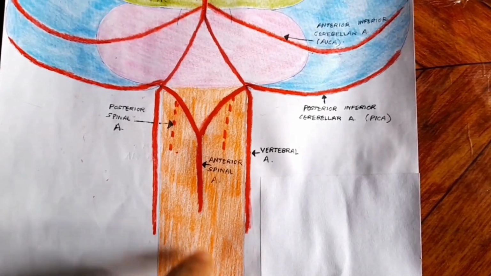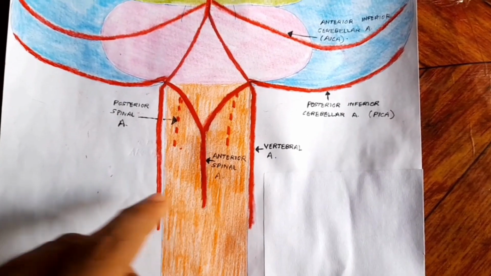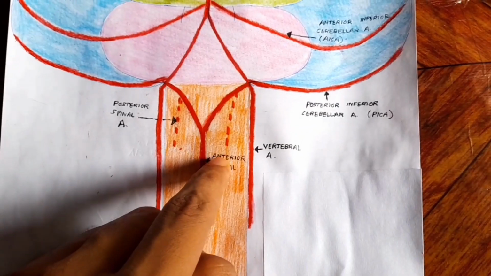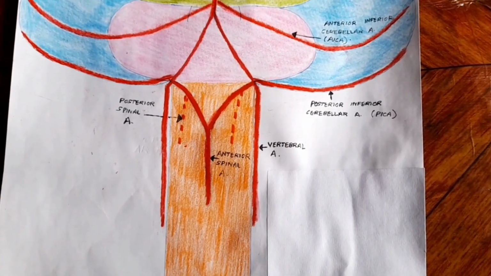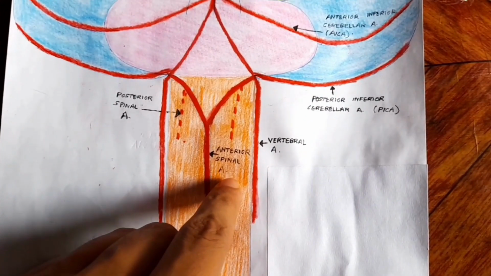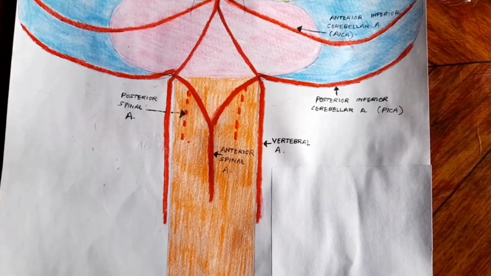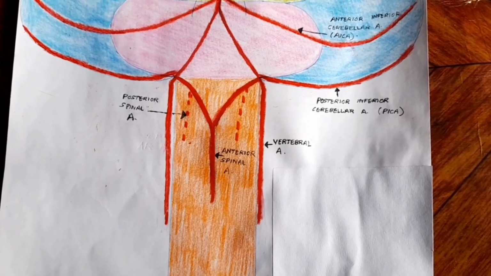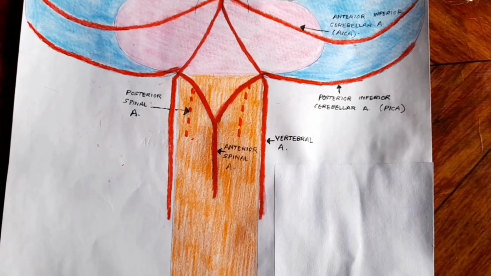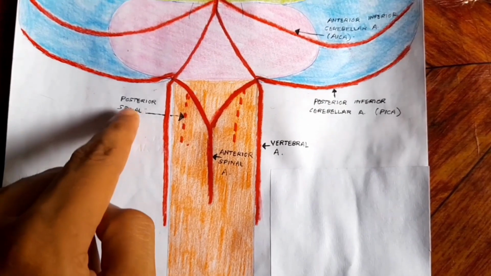Anterior means front. So this artery is supplying the anterior part of the spinal cord. So now that we know that the blood is supplying the front part of the spinal cord, but blood should also be supplied at the back part of the spinal cord. So the back part is known as posterior. So we must have a posterior spinal artery.